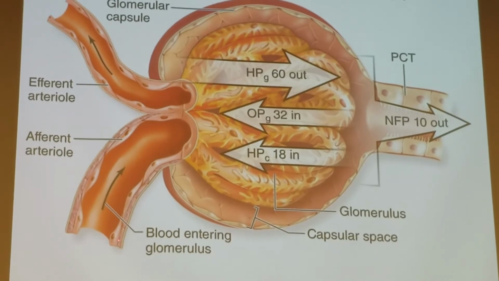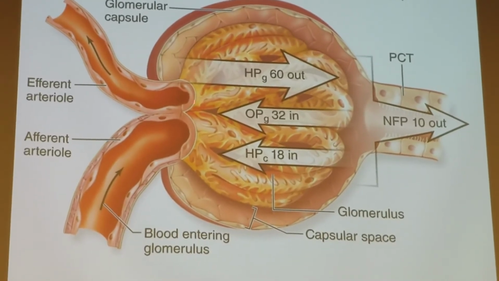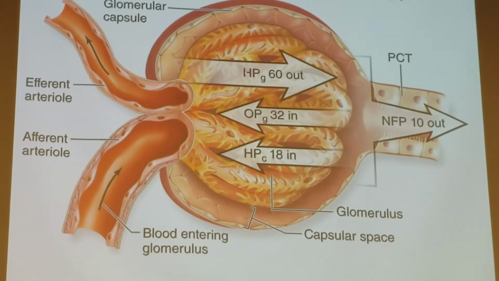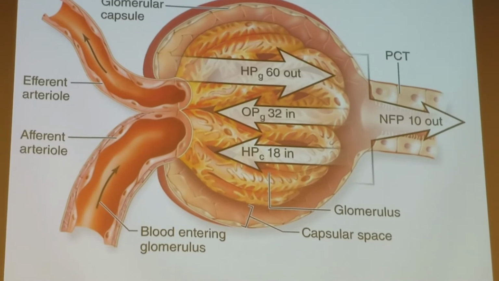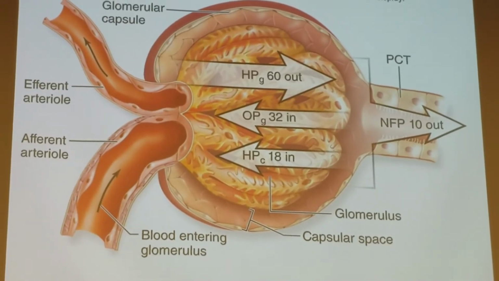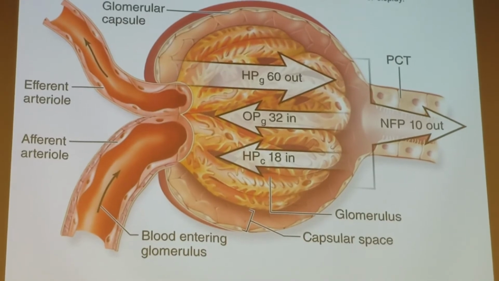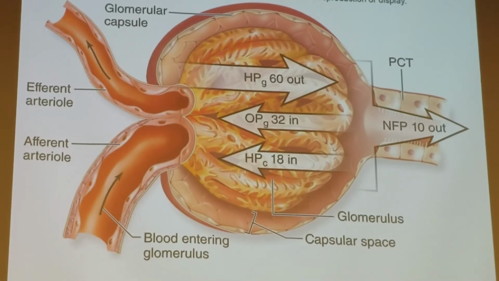You have blood coming into the glomerulus. Well, it's at a pressure of 60 millimeters of mercury. Out of curiosity, does anybody remember the pressure on the arterial side of a capillary bed? 35 millimeters of mercury.